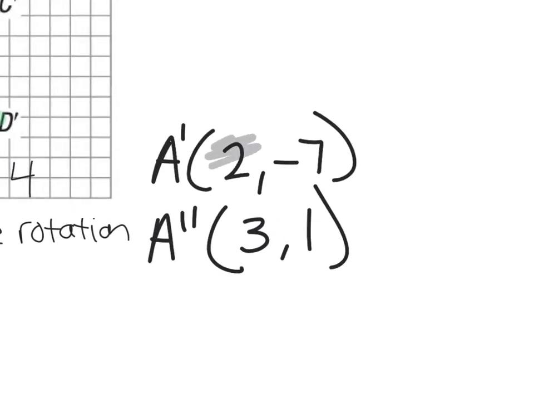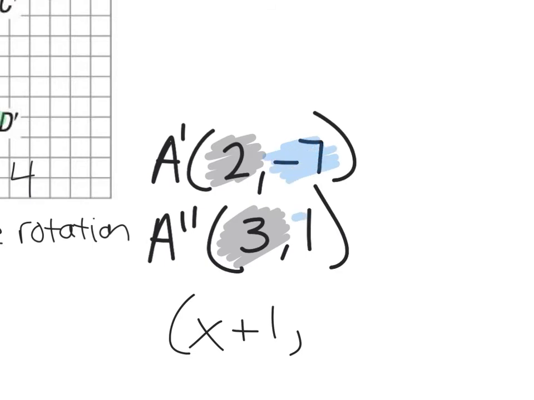Did x increase or decrease? It increased. By how much? By 1. So x plus 1. Let's look at y. Did y increase or decrease? Increased. By how much? -7 to 1, y plus 8.